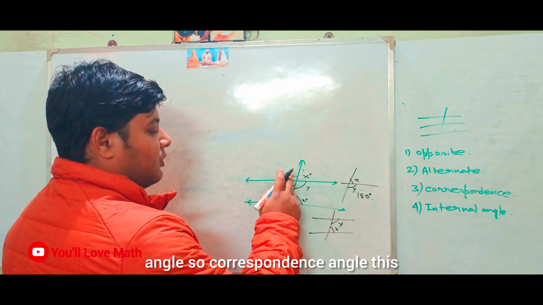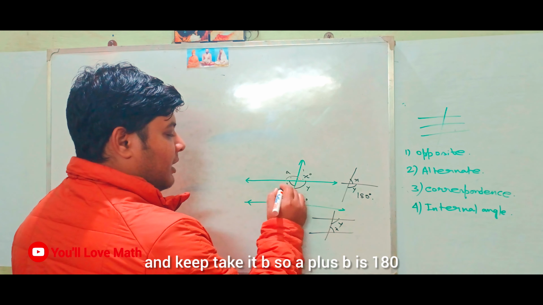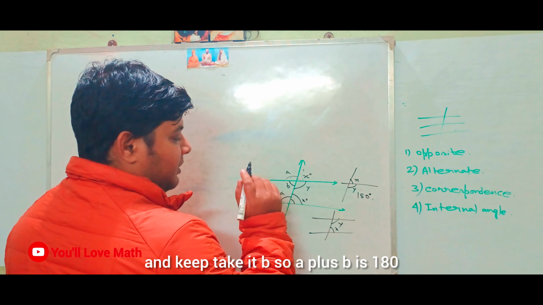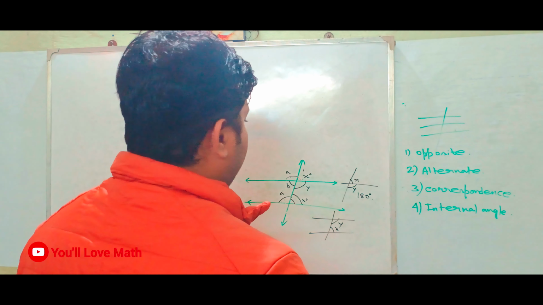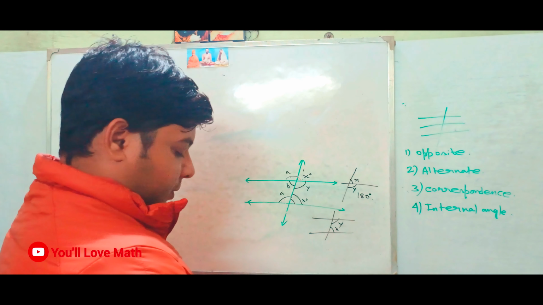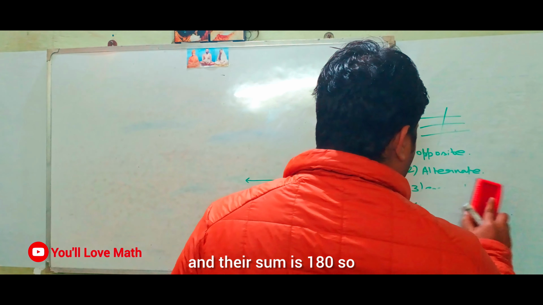If this is a, and this correspondence angle is b, then a plus b is 180. So a pair of internal angles are there, and their sum is 180.